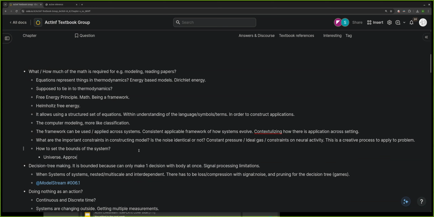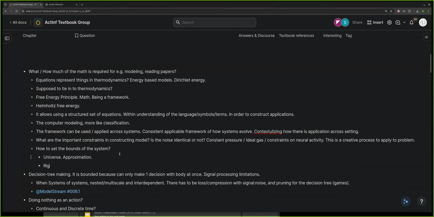You can set the bounds of a complex system even as a temporary approximation. Those kinds of approximations will only work if things are of the right scale. So if the energy is changing fast enough, then it's not going to be approximated by a Boltzmann distribution, right?